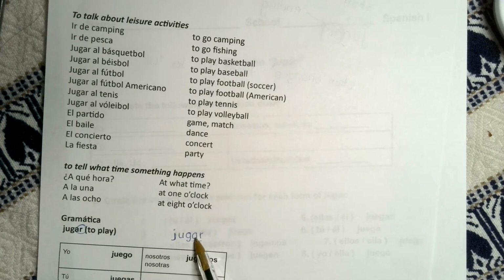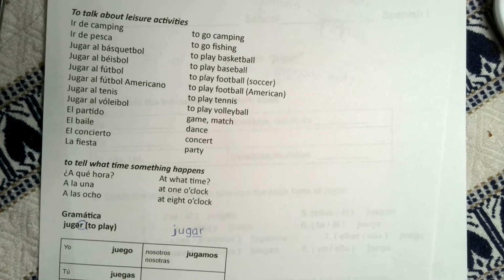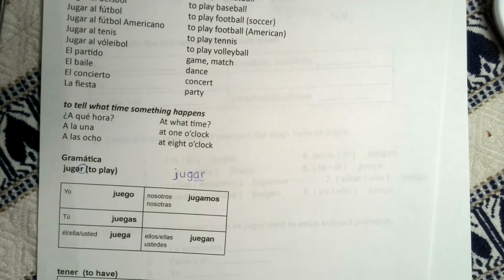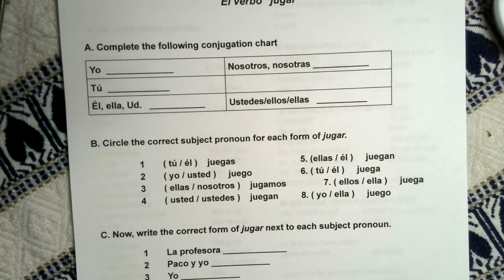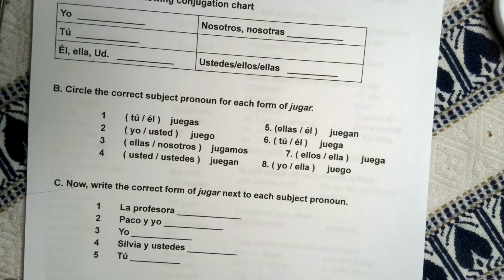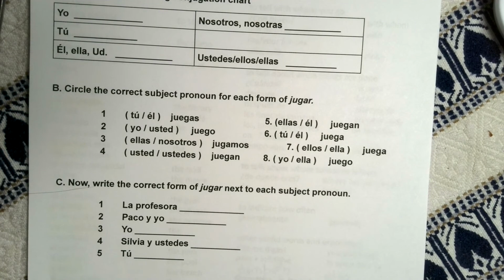It takes off the AR ending and adds amos. But again, in ellos, ellas, and ustedes, the U changes to UE before we add on our ending of AN. Okay, you should be finished with the top part, filling that in. If not, put me on pause and join me again when you're ready to start part B.